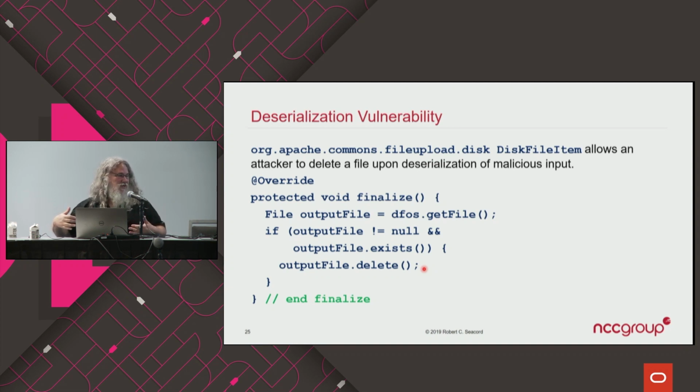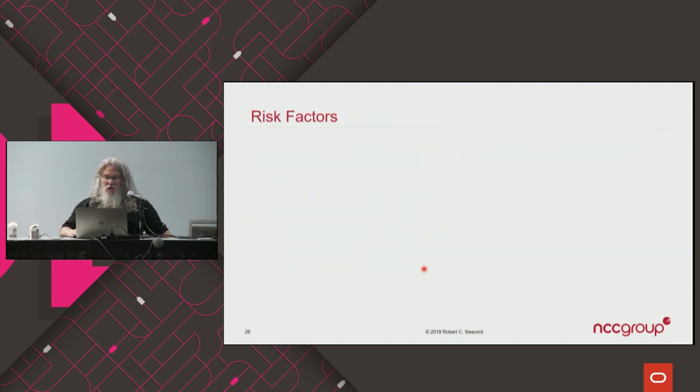So it could be in a library that you didn't even know was sitting on your classpath somewhere, and if it can be found by the resolveClass method, the attacker can use it in the exploit.